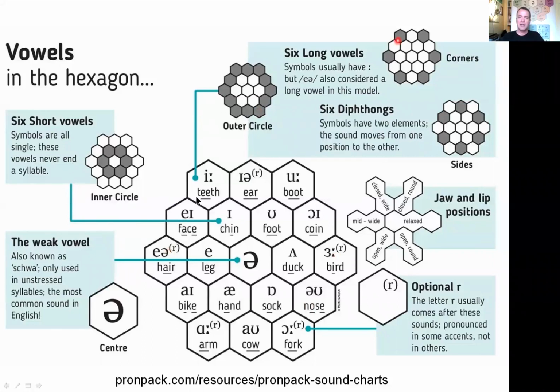We have E, U, O, R, E. They're actually a good place to start if you're going to explore the sound chart with your students. I often start at the corners. Why? Because you can extend these sounds as long as you like. So it really gives a big sample, a long sample for your students to get their mouths around.